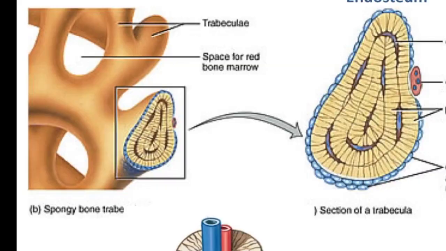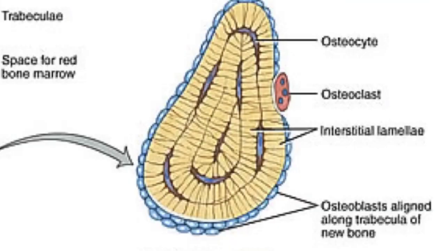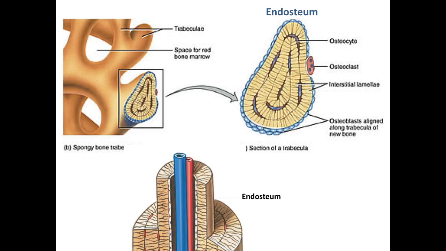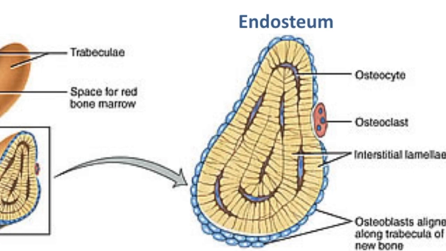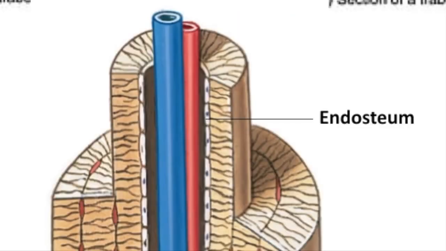Each trabecula, the strut, contains several layers of lamella and osteocytes, but it's too small to contain the osteons or vessels of its own. Then there's a layer of cells surrounding the trabecula called the endosteum, which only contains bone cells and no fibrous tissue, in contrast to the periosteum. The endosteum also covers the inside of the central canal.